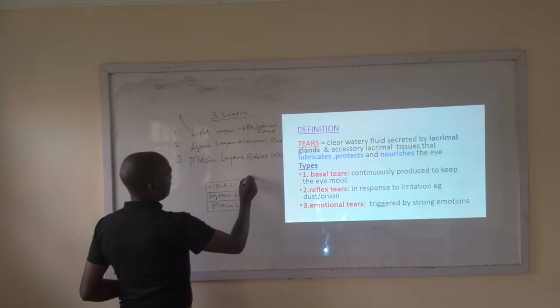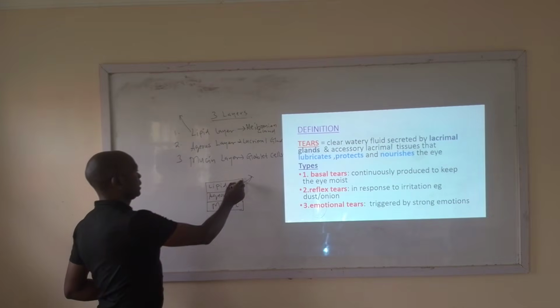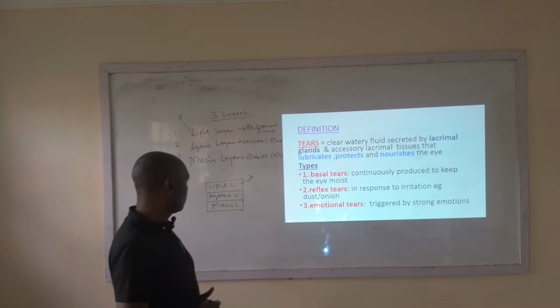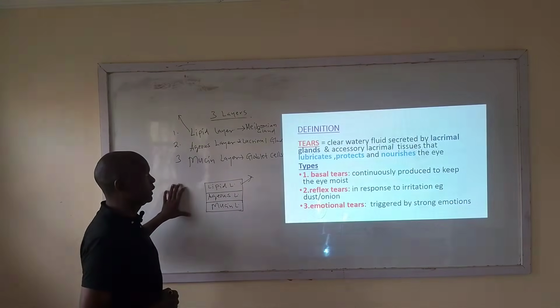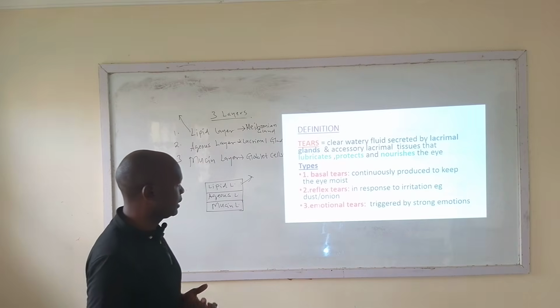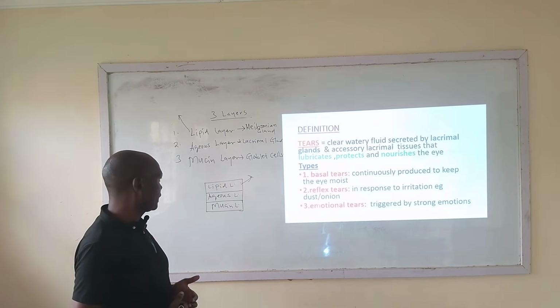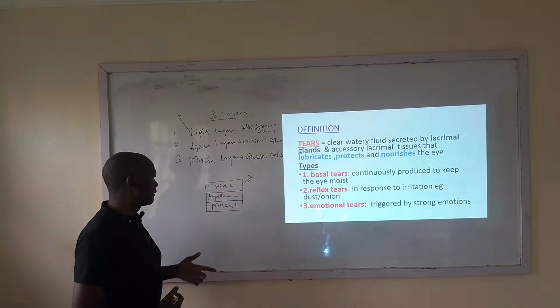So this lipid layer regulates the rate of evaporation of the tears. It's the one that ensures that tears don't evaporate faster. We shall see as we progress.